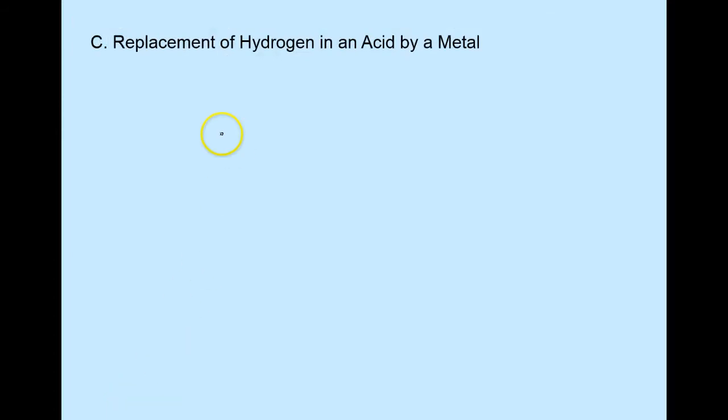Third type of reaction. We have the replacement of hydrogen in an acid by a metal. Now, hydrogen is on your activity series, but it's further down the list. So let's say we have zinc. This is one of the reactions I did in class. Zinc is a solid. It's going to react with hydrochloric acid, HCl.